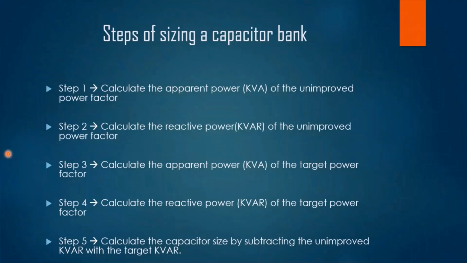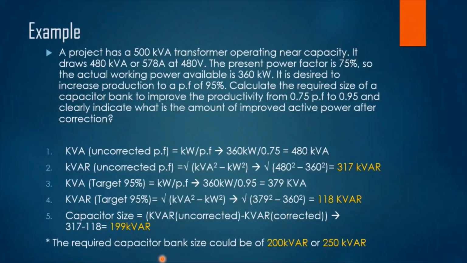And fourth, calculate the reactive power of the corrected power factor. And finally, to get the final size of the capacitor bank, we are going to subtract the target reactive power from the unimproved reactive power. We will see this in detail when solving this example.